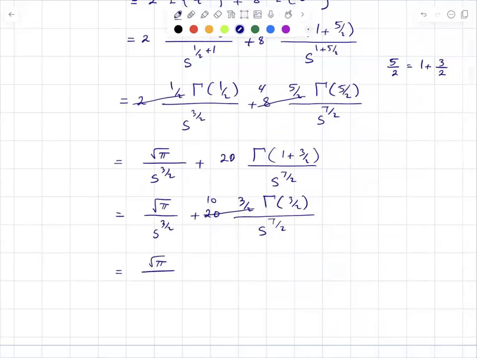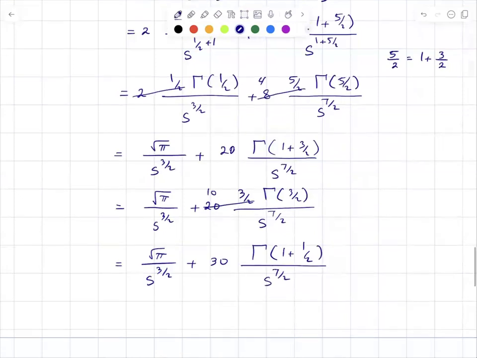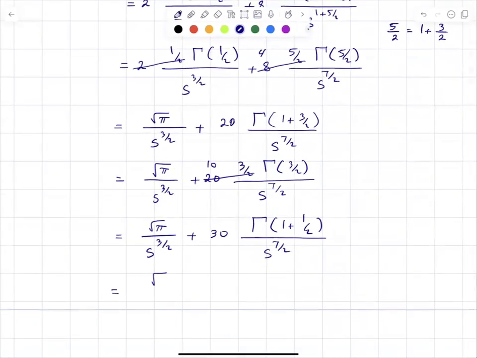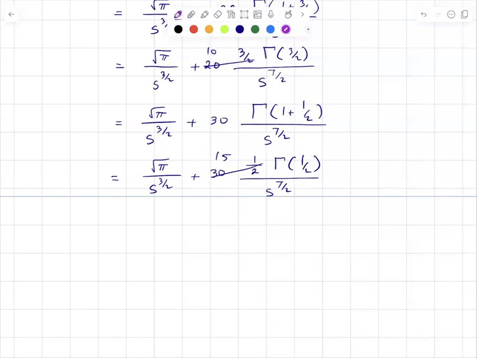So I have square root of pi divided by s to power 3 halves plus 30 times the gamma of 1 plus a half divided by s to power 7 over 2, which can be written as square root of pi divided by s to power 3 halves plus 30 times a half gamma of a half over s to power 7 over 2.